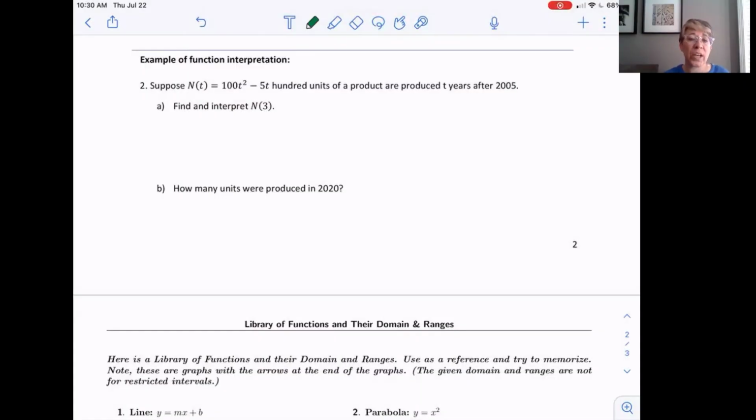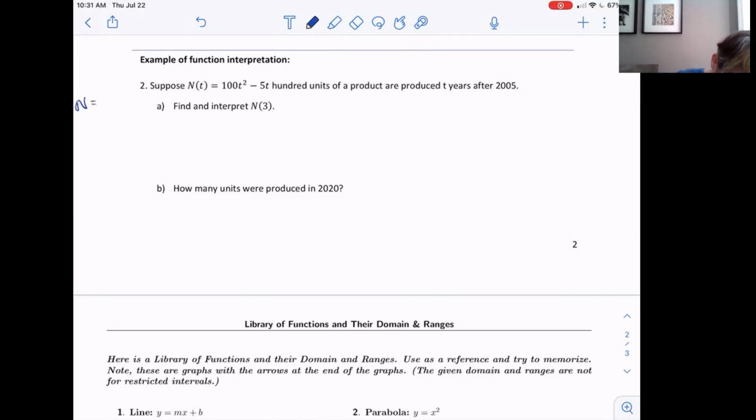So now let's take a look at interpreting some of these functions. I know we did a little bit in 1.1. So suppose we have N of t equals 100t squared minus 5t, 100 units of a product are produced t years after 2005. So again, it's nice to write down what each of the input variables and output variables represent.